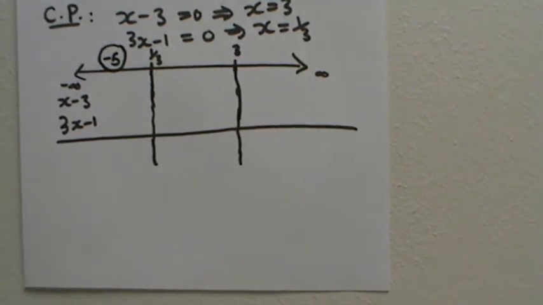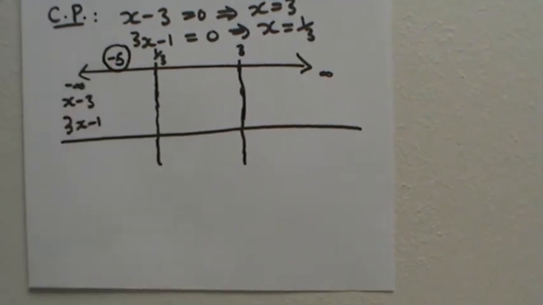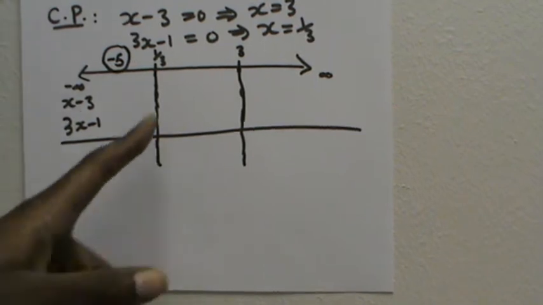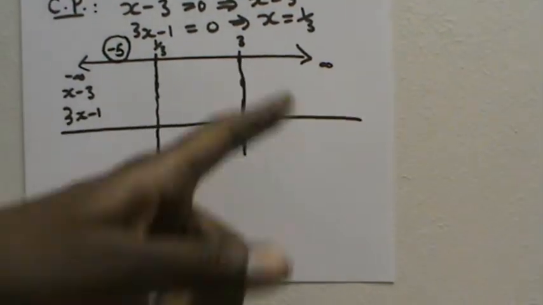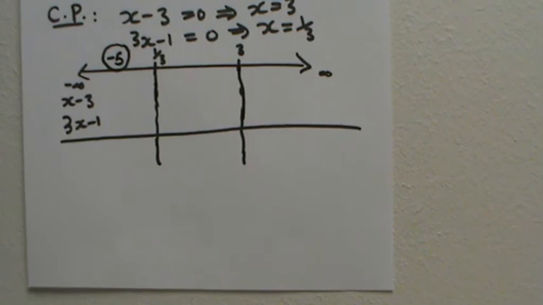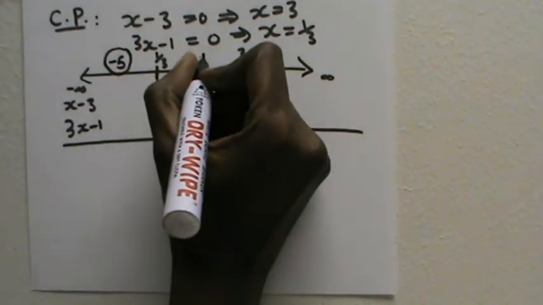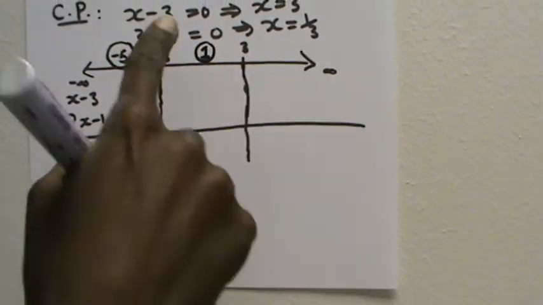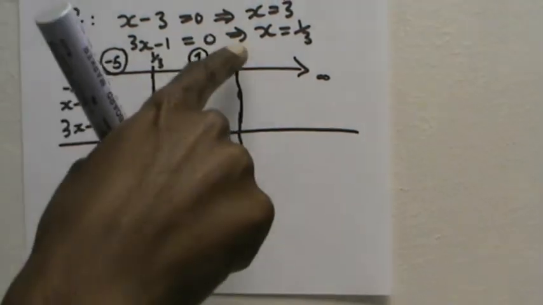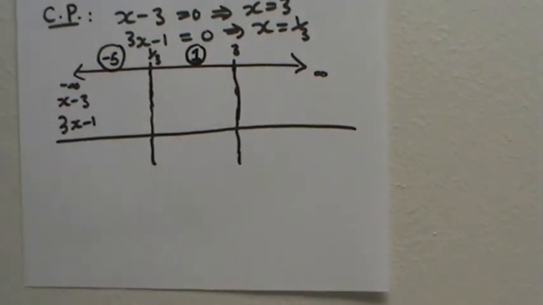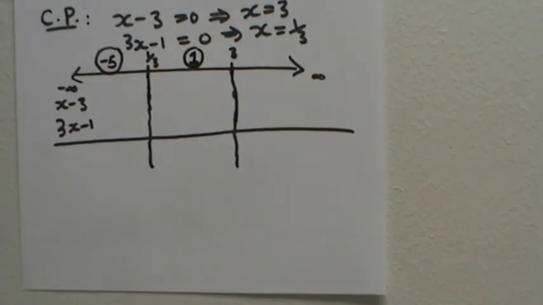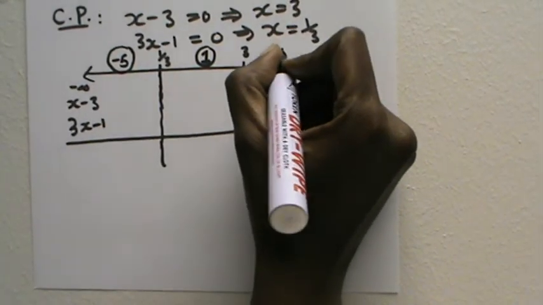It can be anything as long as it is in that region. Your answer will be exactly the same. And then you pick a number between 1 over 3 and 3, and let's say I pick 1, because 1 is bigger than 1 over 3 and smaller than 3. And then I pick a number that is bigger than 3, let's say 5.